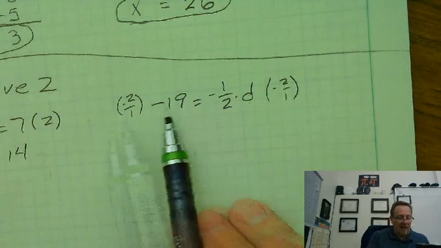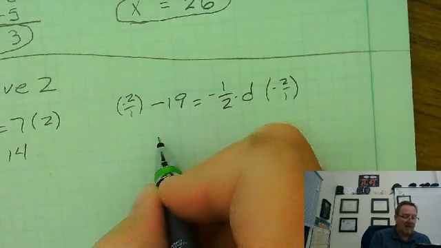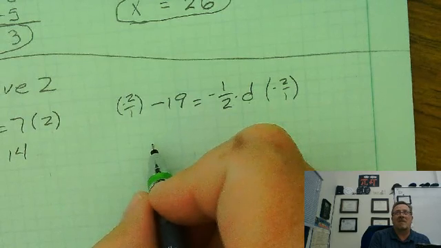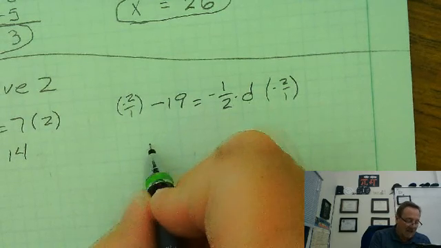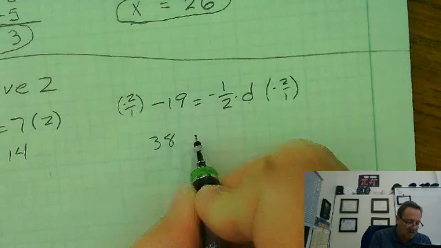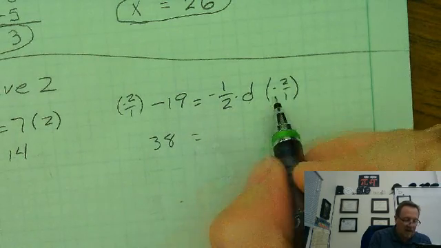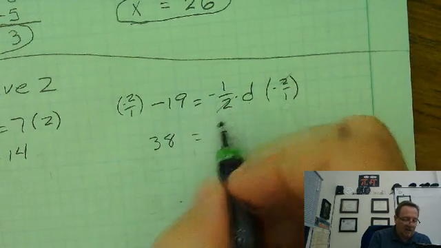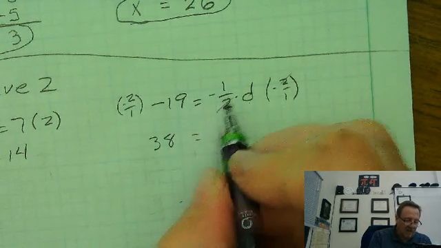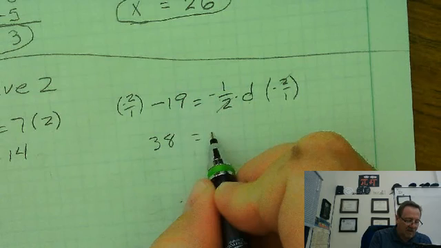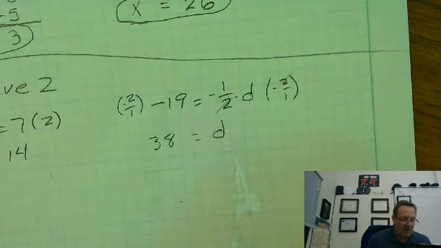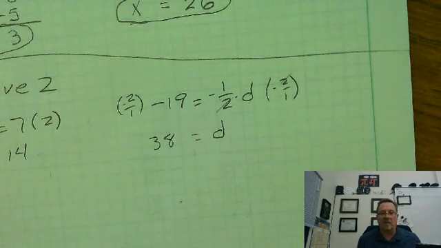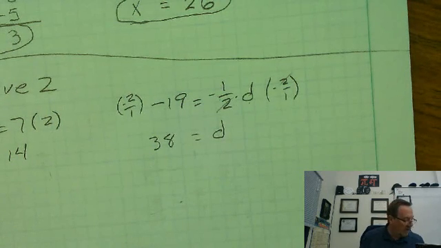Negative times negative is a positive. 2 times 19 gives me 38. Your 2's cross cancel, and a negative times a negative is a positive, so you're just left with 1d on that side. So 38 is equal to d. Groovy, that's all there is to it.